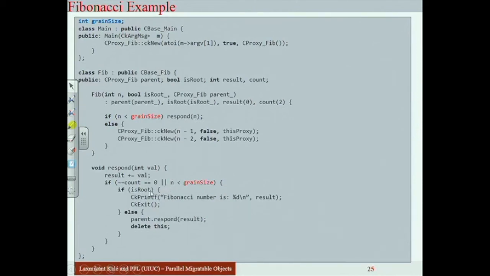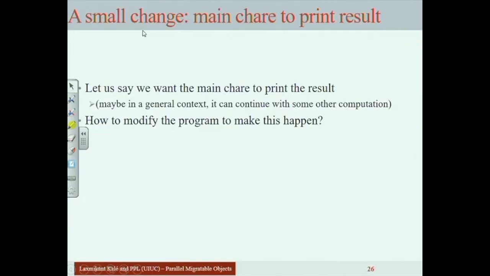Or you might have to say val equals sequential fib and then respond. That might be the right thing to do. So there's a bug here that you can fix, but the basic idea is clear of how to use the grainsize.